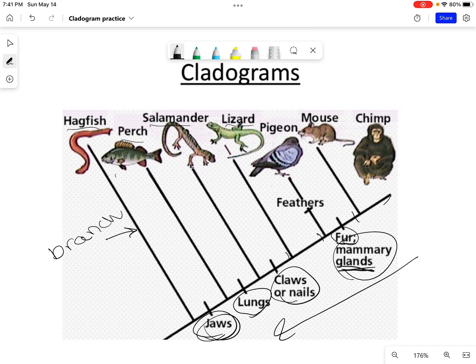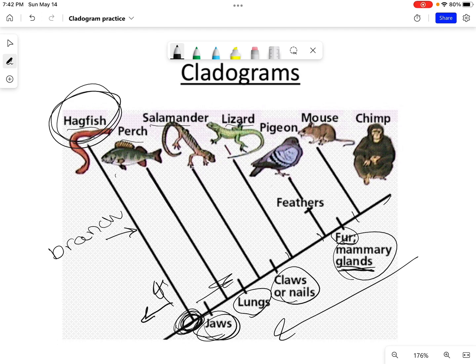But look over here. We have a hagfish who falls to the left side of our trait of jaws. That means that this common ancestor between all of these species up here and our hagfish did not have jaws.